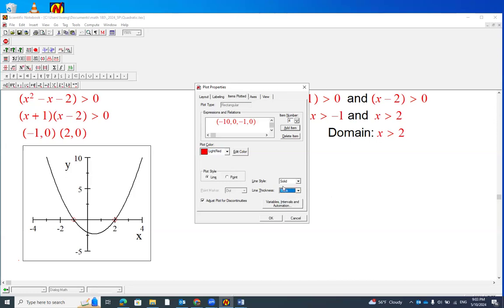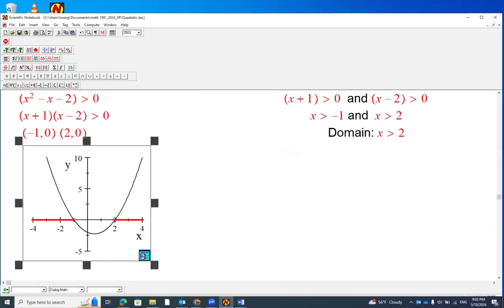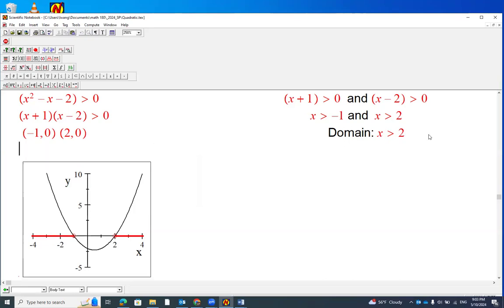Don't get confused with the right hand side, the other question. So this is going to be the picture. Those points are the solutions. So the solution, which is also the domain for the function, is x less than -1 or x greater than 2.